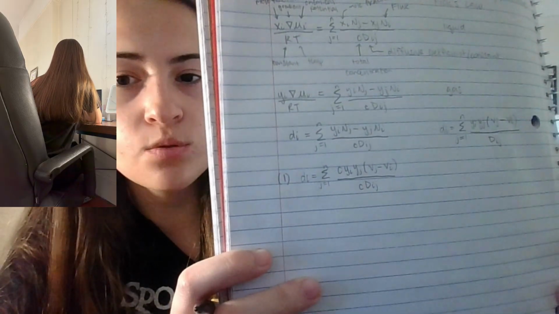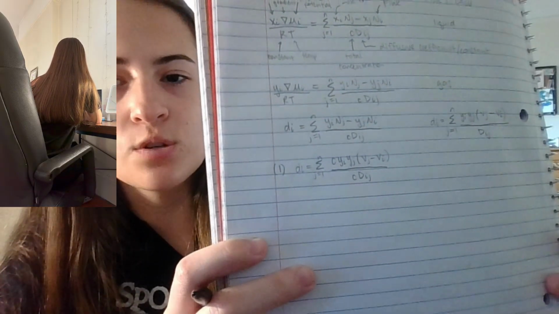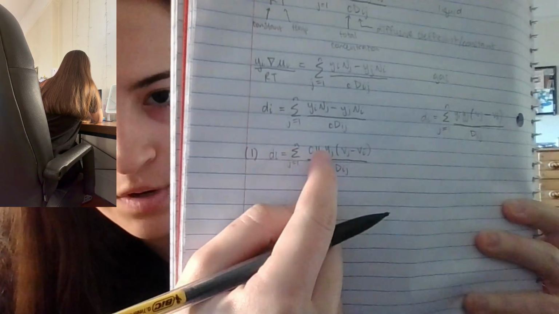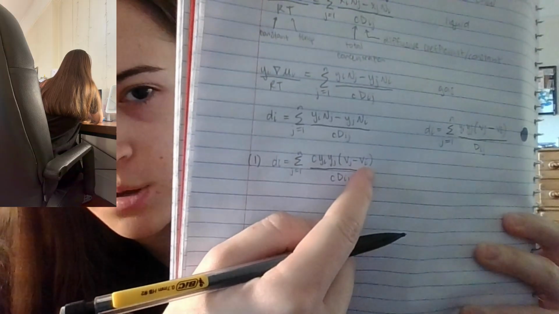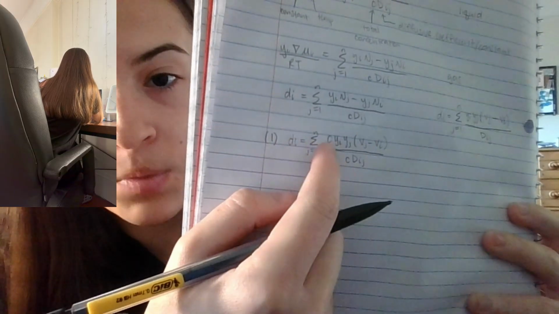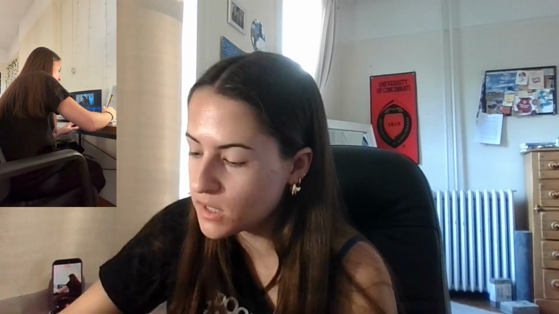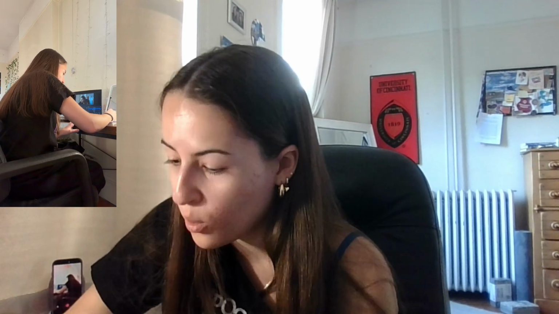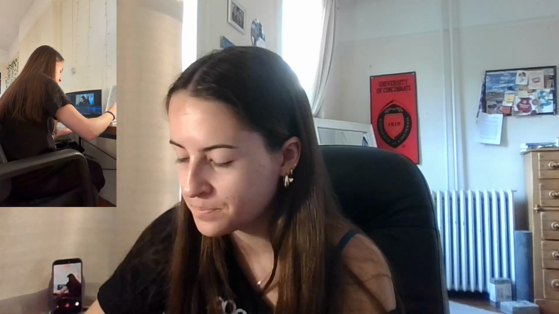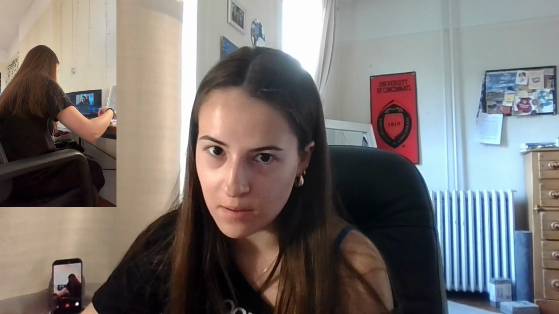So what I'm going to do is factor in these three variables into each velocity component. But I want to point out something first. If you take the concentration of your entire component, everything that you're looking at with i and j, and you multiply that by the mole fraction of i, what do you get?